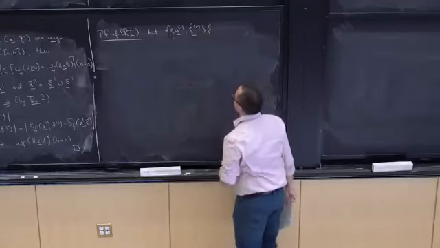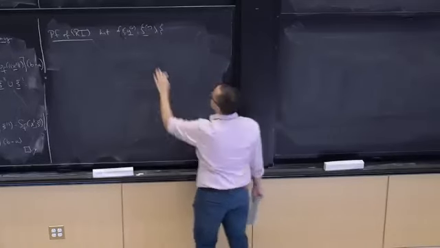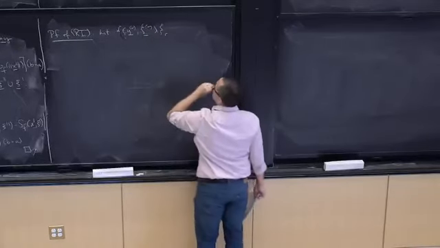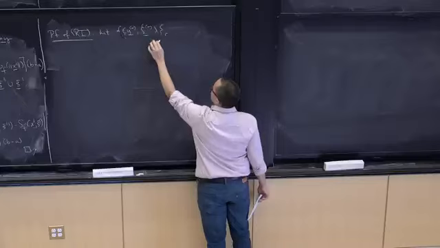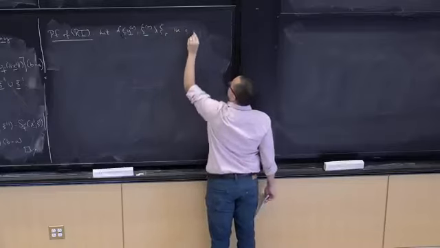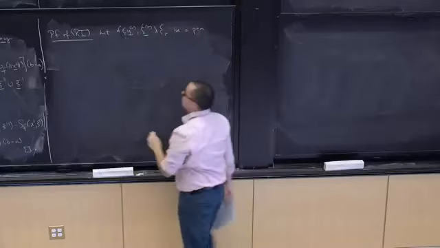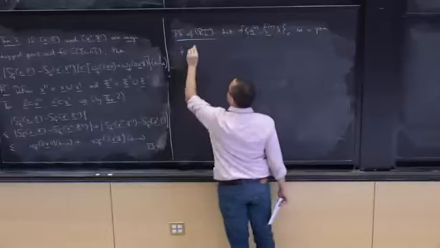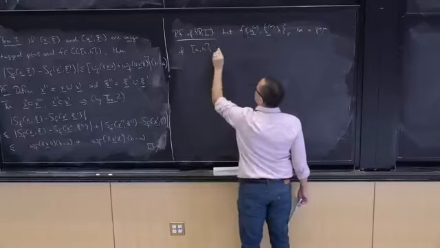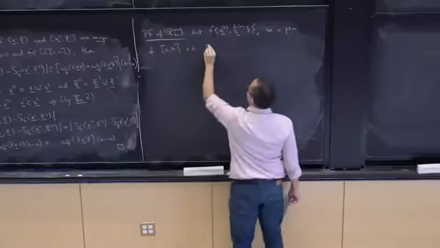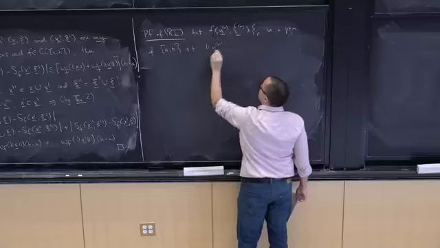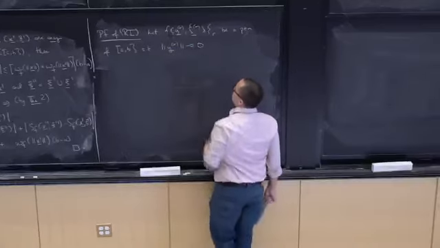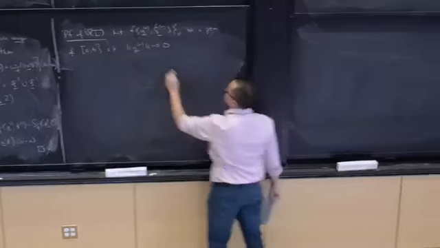For the Greek letter aficionados out there, this is zeta. Let this be a partition of AB with norm converging to 0 as r goes to infinity.